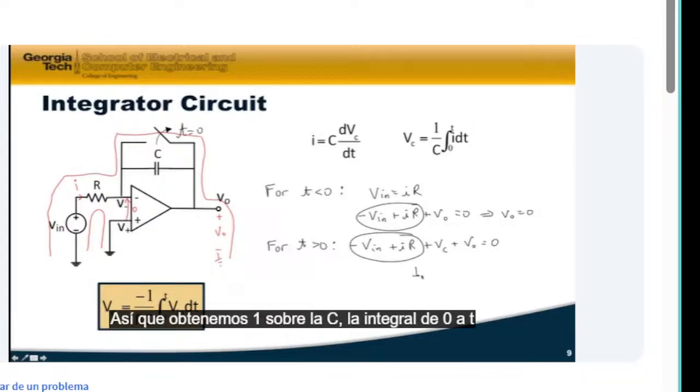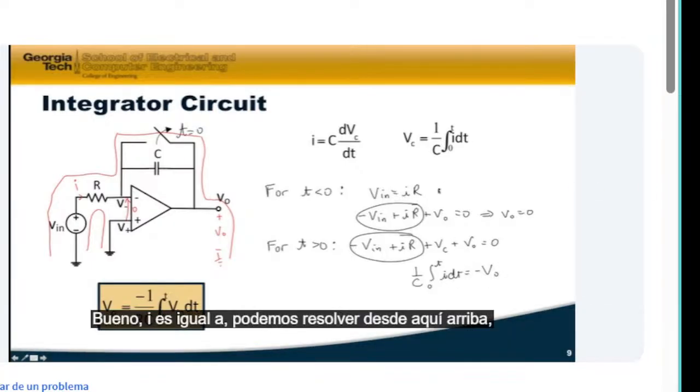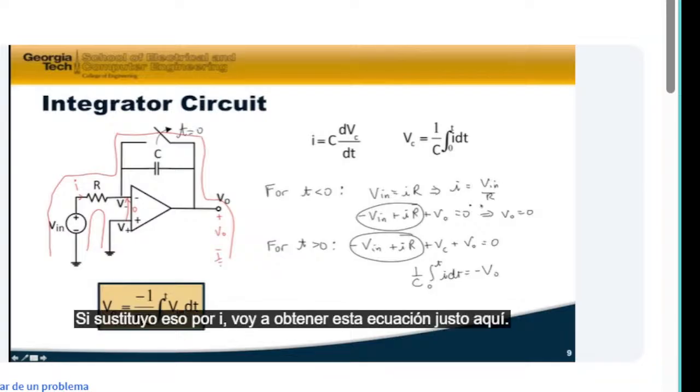So we get 1 over C, the integral from 0 to t of I dt is equal to minus V0. Well, I is equal to Vn over R, as we can solve from up here. If I substitute that in for I, I'm going to get this equation right here. So this is the equation of this line where I take the input, I integrate it, I multiply it by a gain factor, and I get my output.